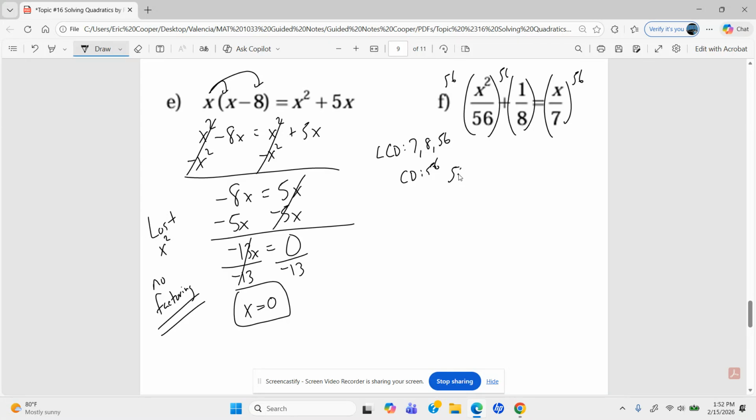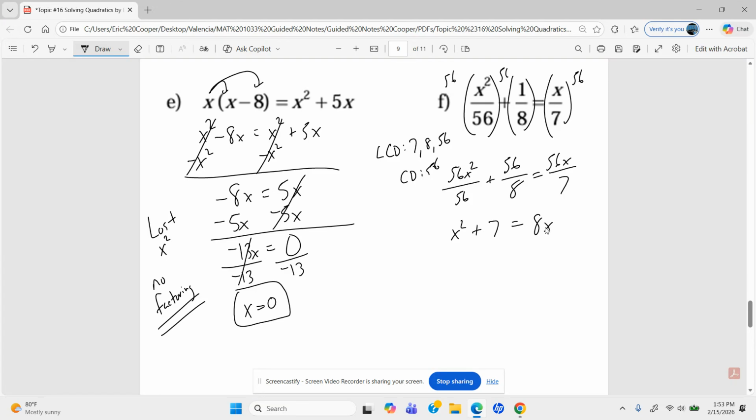So I have 56x squared over 56 plus 56 times 1 is 56 over 8 equals 56 times x over 7. 56x squared divided by 56 is just x squared. 56 divided by 8 is 7. 56x divided by 7 is 8x.